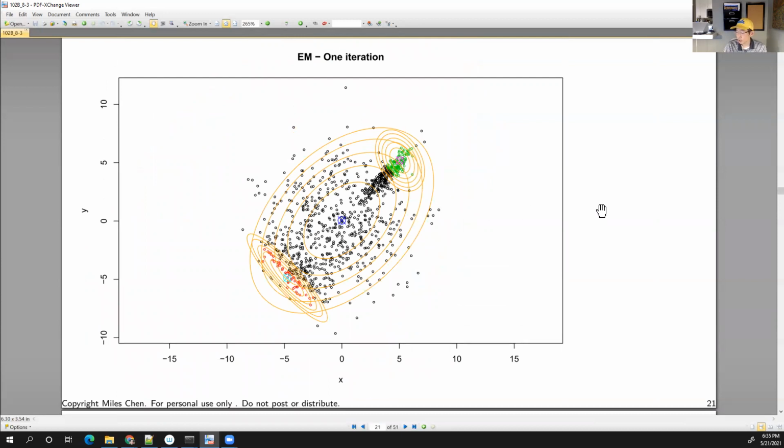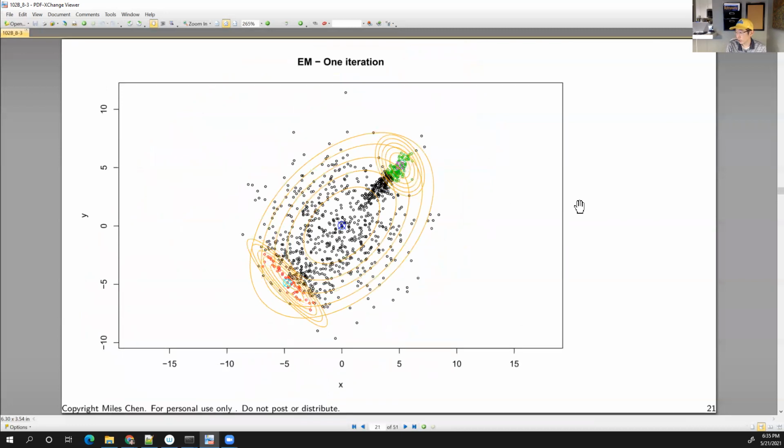Okay, and so again, we have new probabilistic assignments, and then we recalculate our probabilistic weights. So we go from here, and we do this. And then again, we reestimate the centroid and the sigma matrix. We reestimate the centroid and the sigma matrix. And so you can see these things are refining, and then we continue.